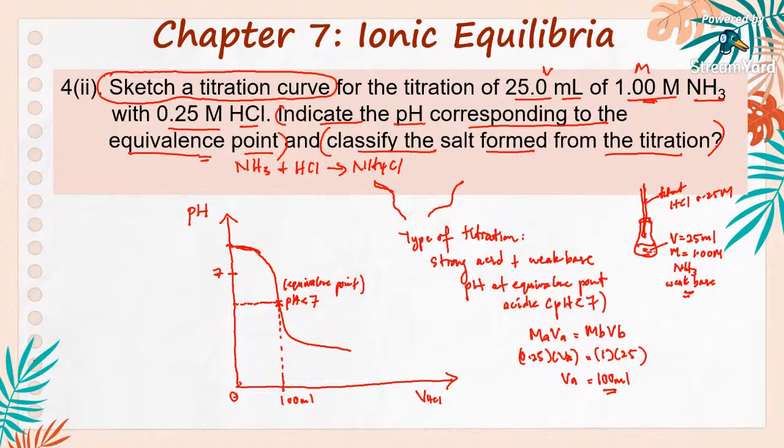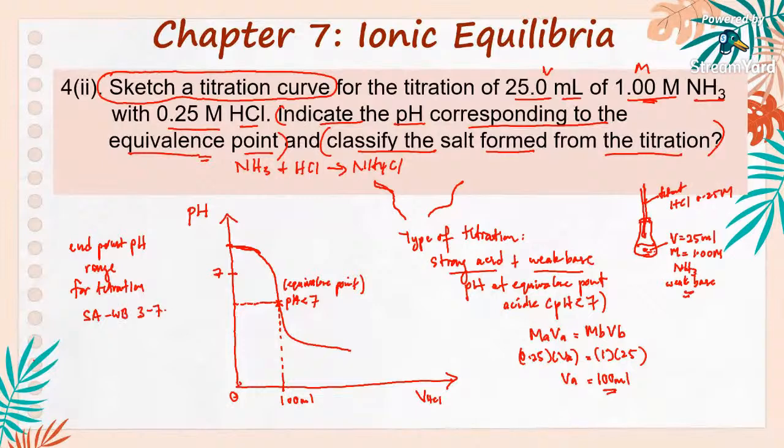One more thing that you may want to check: when you draw this titration curve, this is a titration between a strong acid and a weak base. So the end point pH range for titration of a strong acid and a weak base is 3 to 7.